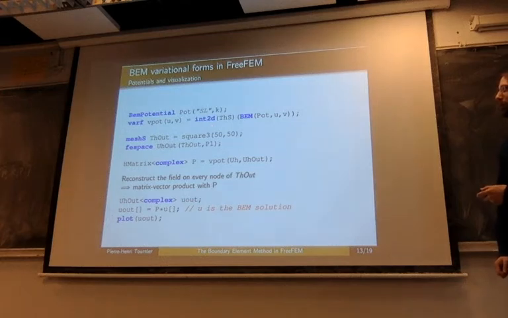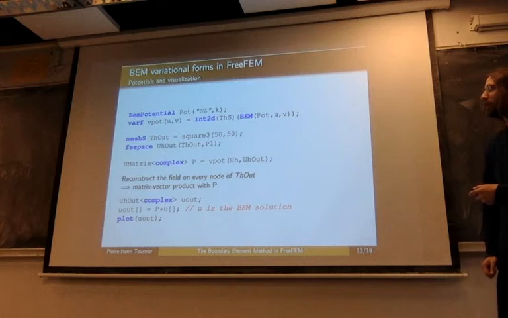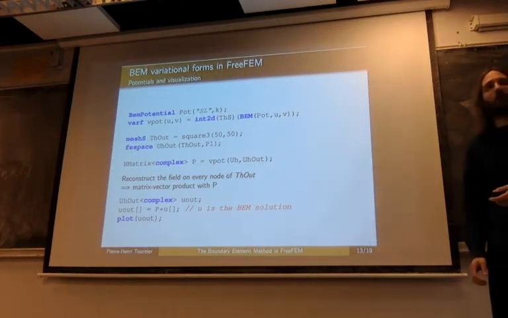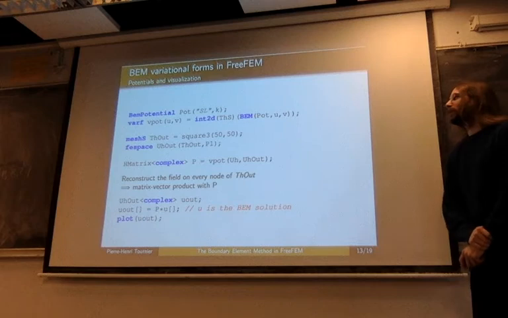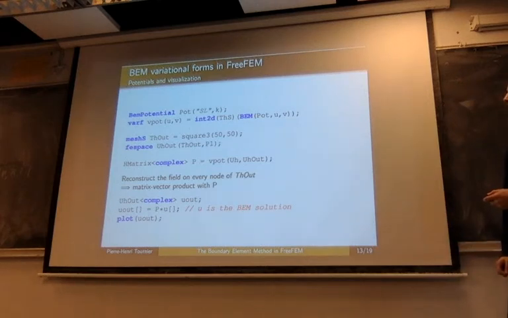So once again, this is usually the single layer, and it is basically a simple integral. As I mentioned, V will be where you want to evaluate this potential. So this is the same stuff.